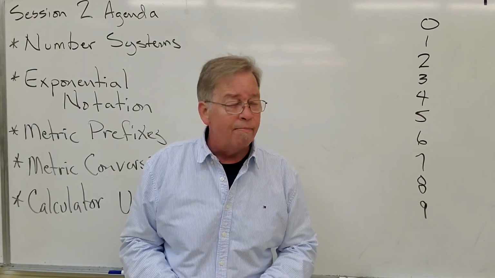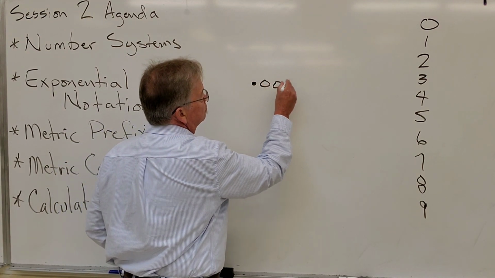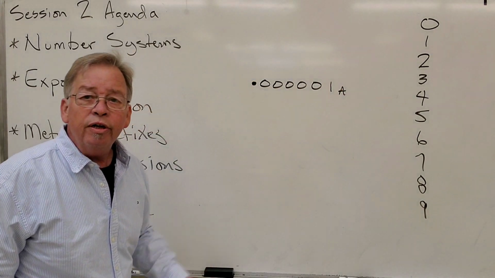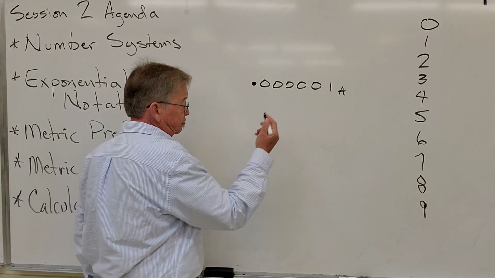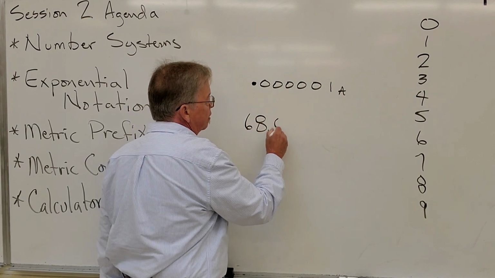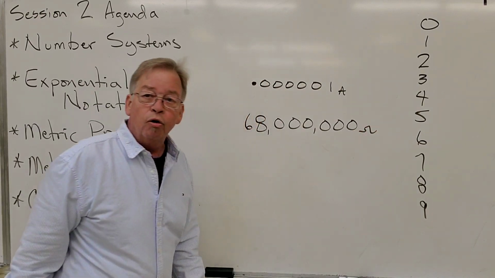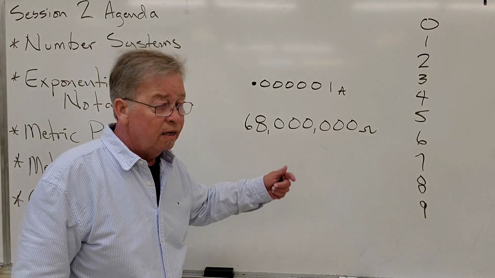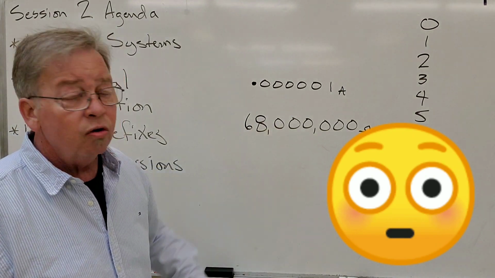So if we start doing math with this, if I have a millionth of an amp and I've got, say, 68 million ohms of resistance in my circuit, and we deal with values like this, when we start entering this stuff in on the calculator, look at all those zeros.